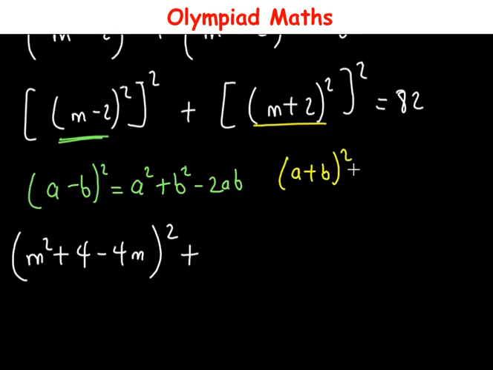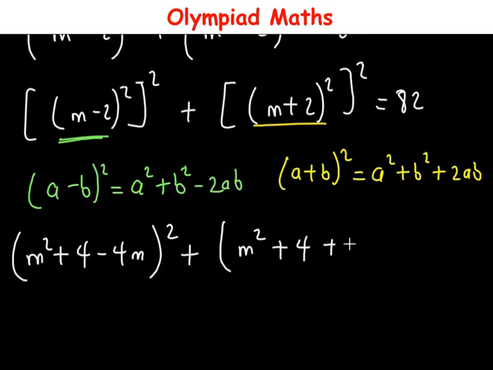And if you have a plus b all squared, this equals a squared plus b squared plus 2ab. So this then becomes (m squared plus 4 plus 4m) all raised to power 2 is equal to 82.